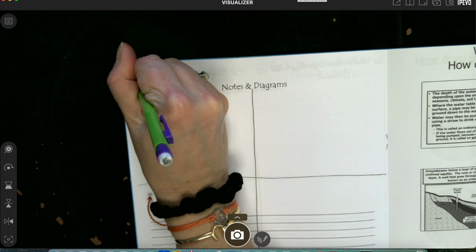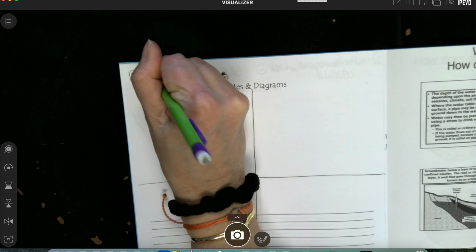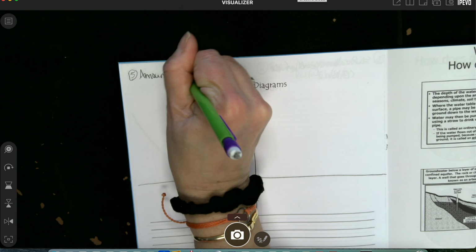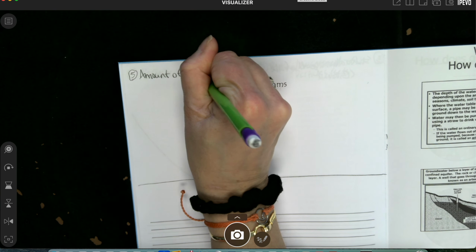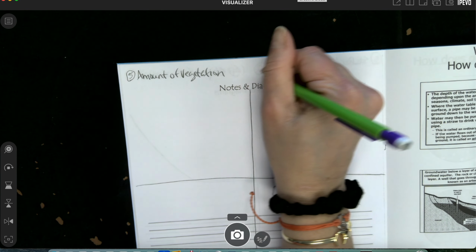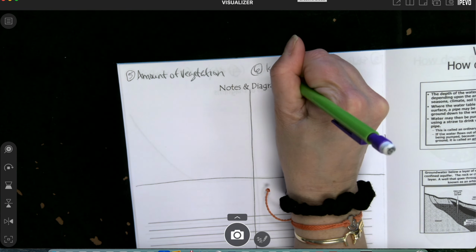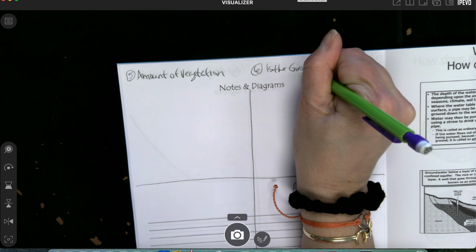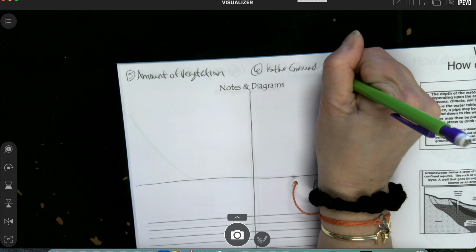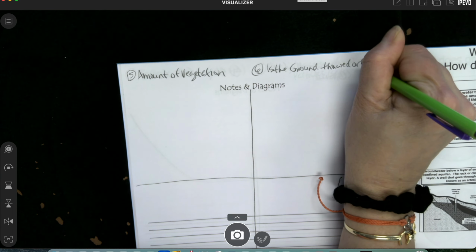Factor 5 that we're going to examine is the amount of vegetation. And factor 6 that we're going to examine is: is the ground thawed or frozen?